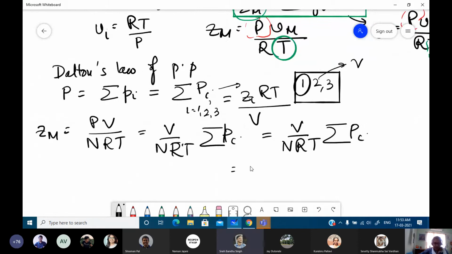Perfect. So now, just see what I'm doing. I'm simply multiplying the top and the bottom by Ni. Then what do I get? I get sigma Ni by N times Pi V by Ni RT.